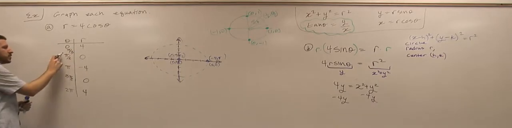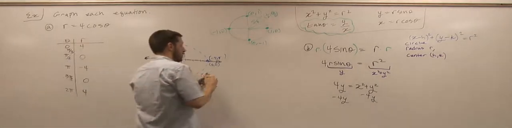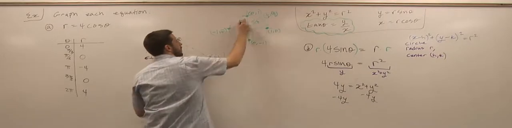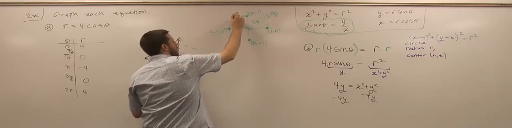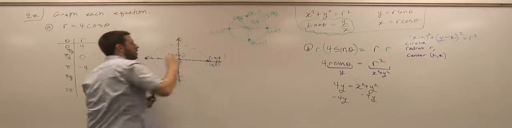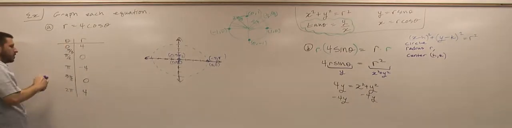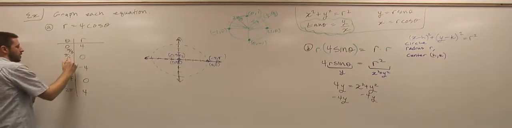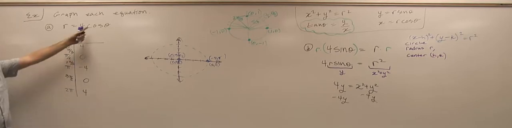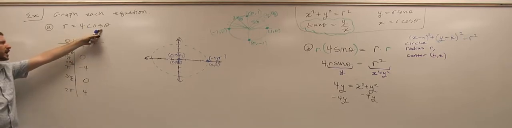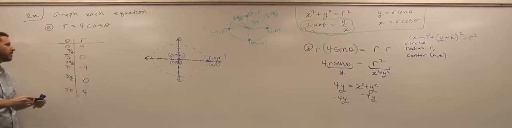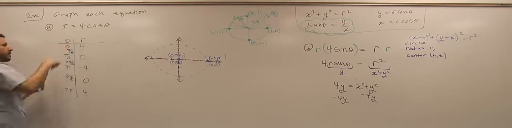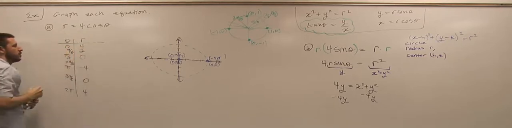And then what can you put in between pi over 2 and pi? 2 pi over 3. So if you put pi over 3 into cosine, you get out 1/2. And if you multiply that by 4, you get out 2.